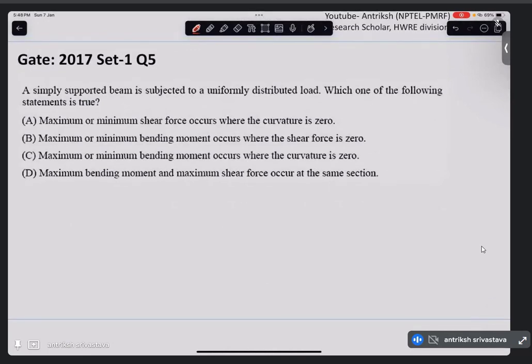Question 1, GATE 2017, set 1, question number 5. A simply supported beam is subjected to a uniformly distributed load. Which one of the following statements is true?